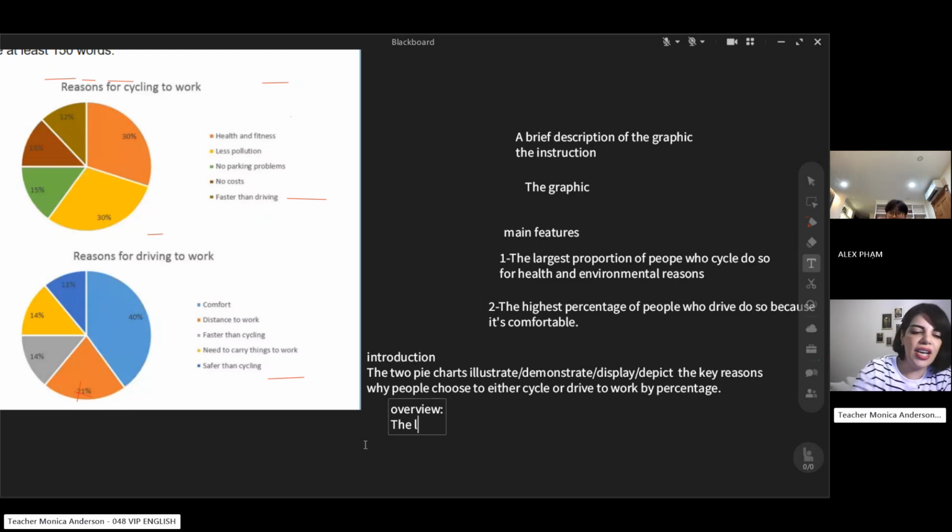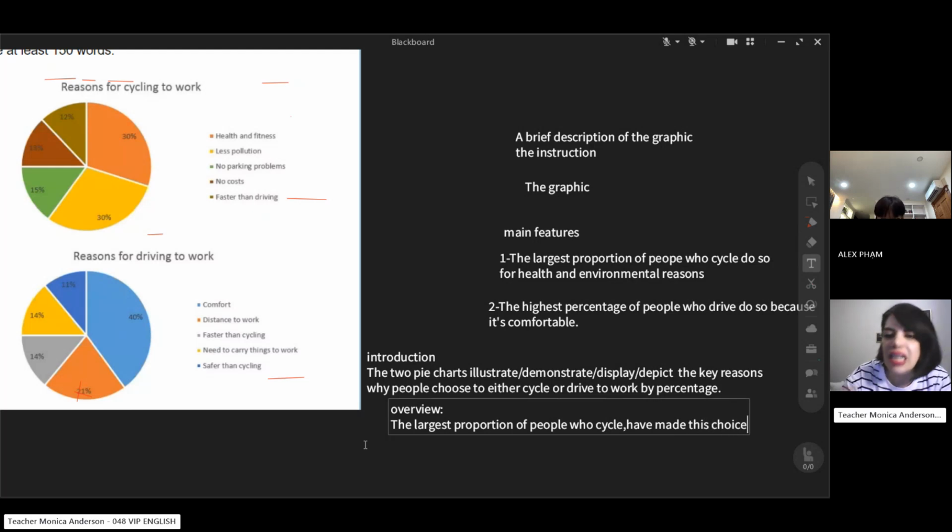The largest proportion of people who cycle have made this choice.